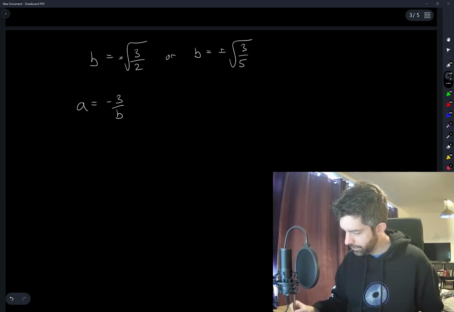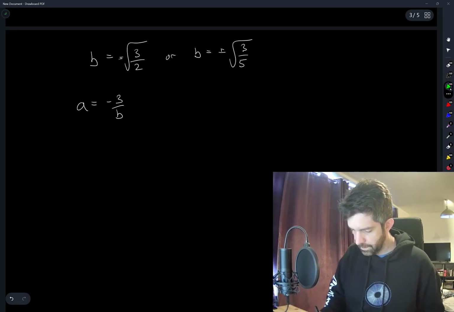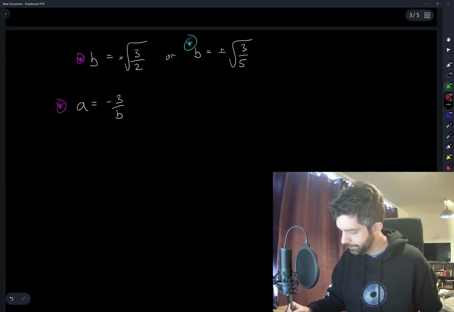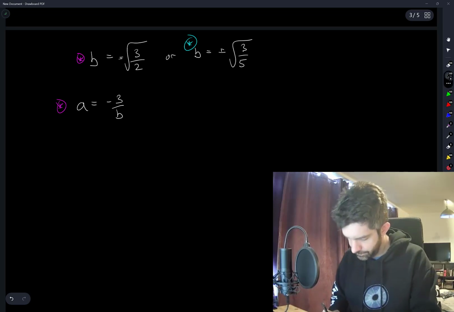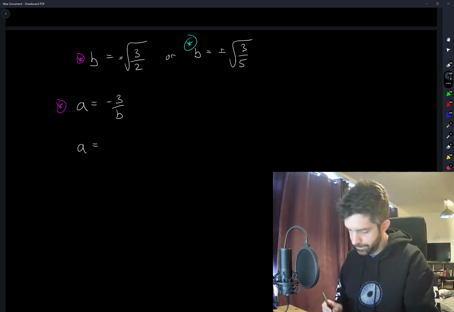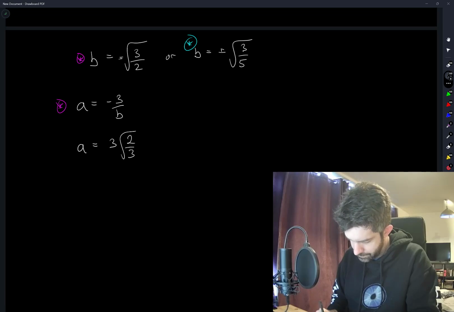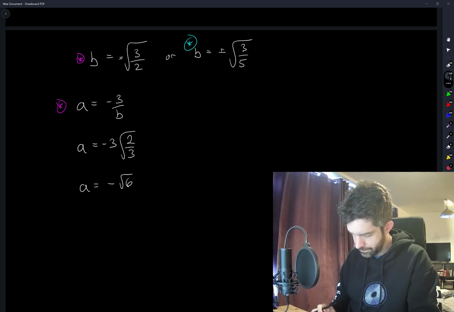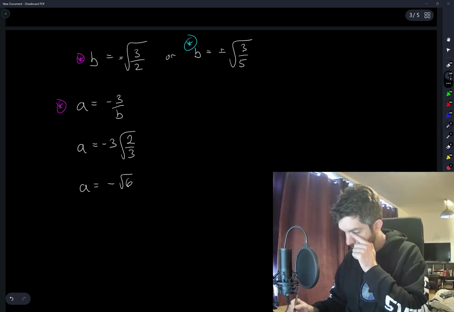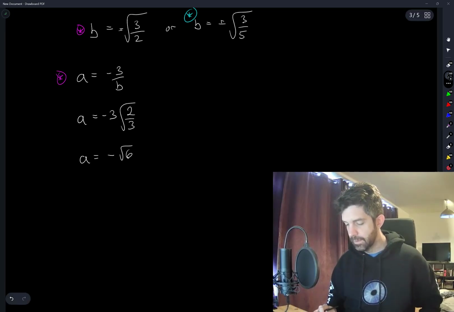So I'll start with this value of b, and I'll come back to that value of b later. And we'll also start with the positive square root. Yeah, I was hoping that a and b would not have square root signs on them. Kind of defeats the purpose of setting things up like what was above.